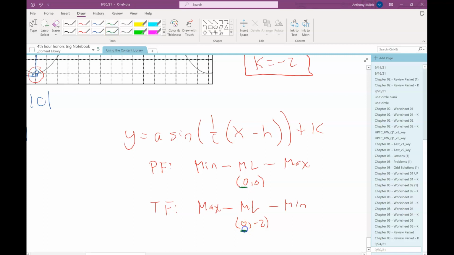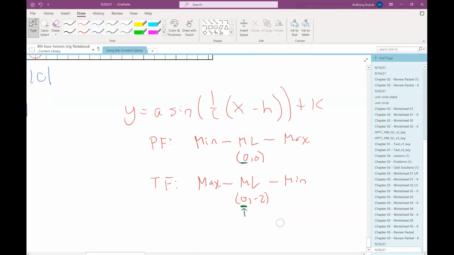So the x-coordinate in my transformed function point is going to give me my h. And then because these guys are different, that tells me that my a needs to be negative.